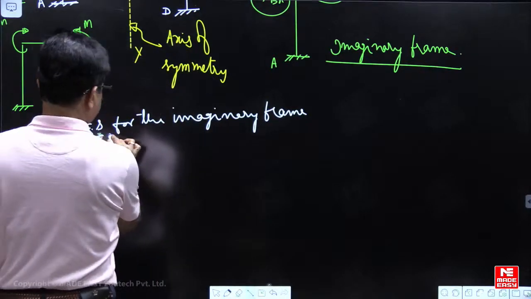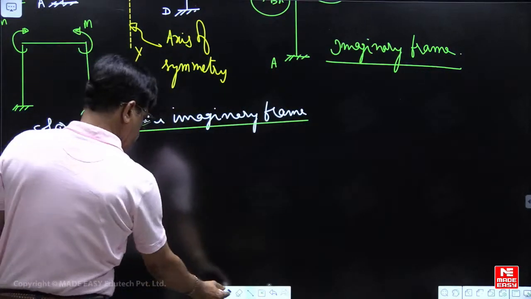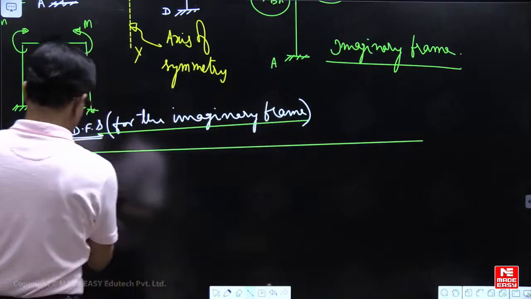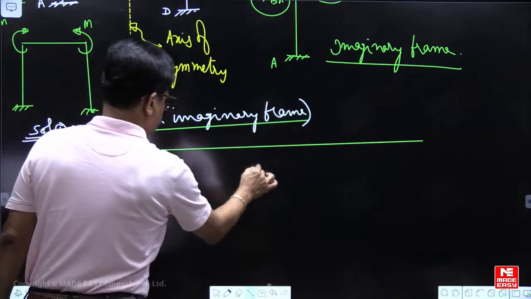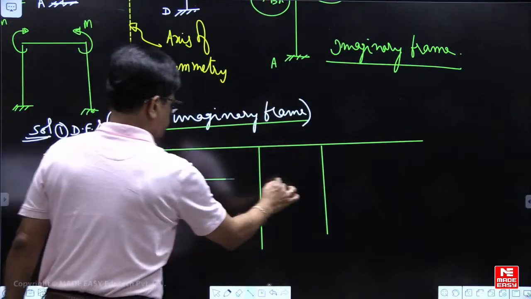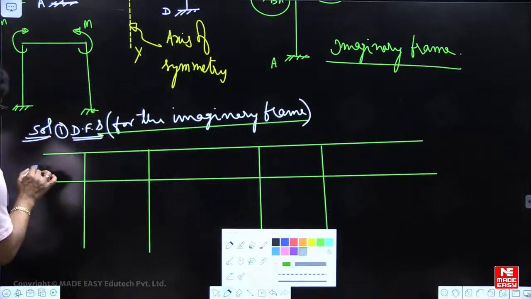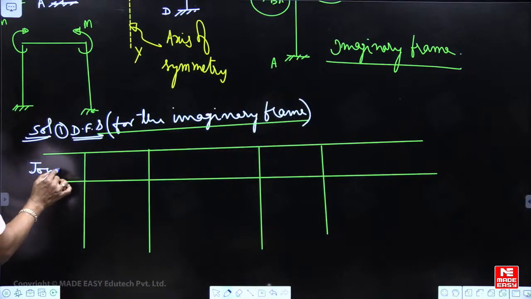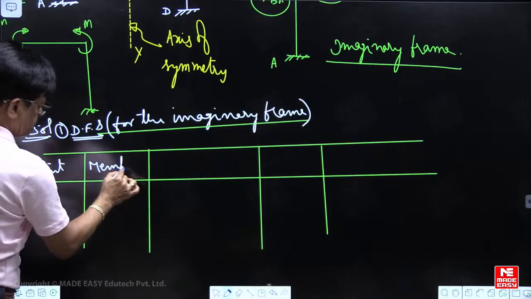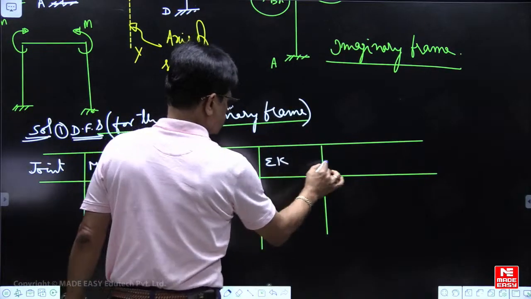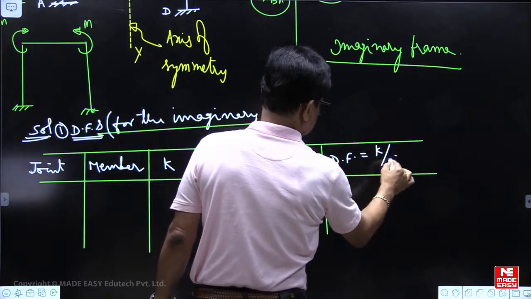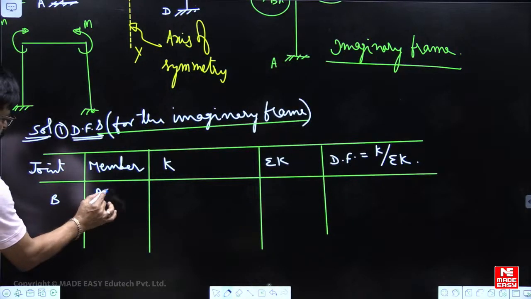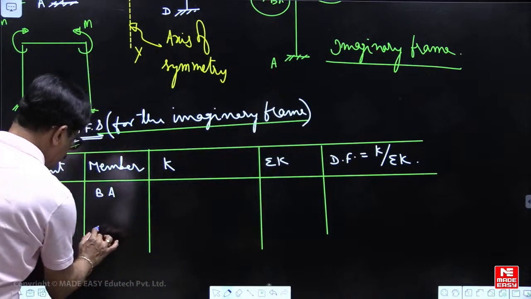For the imaginary frame. Joint, member, K, sigma K. Distribution factor becomes K by sigma K. Now joint B, two members are there, BA and BC dash.